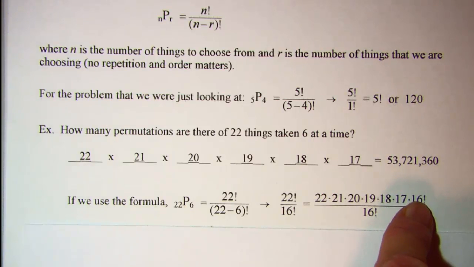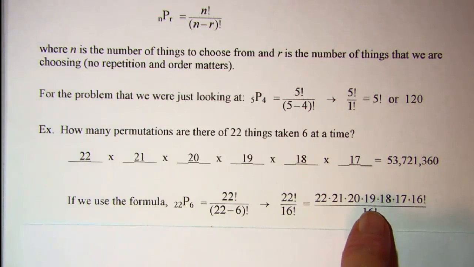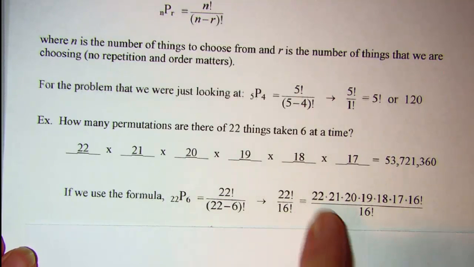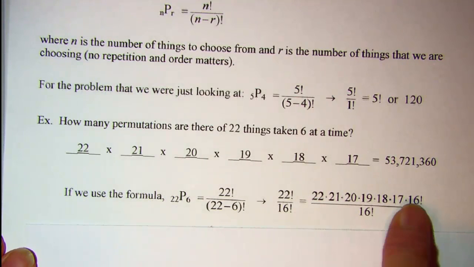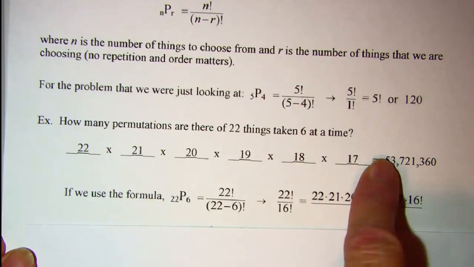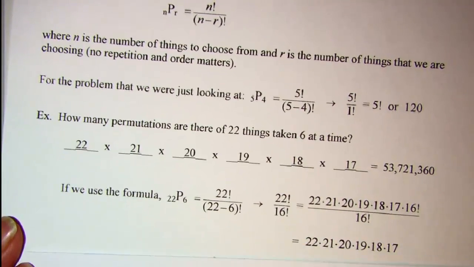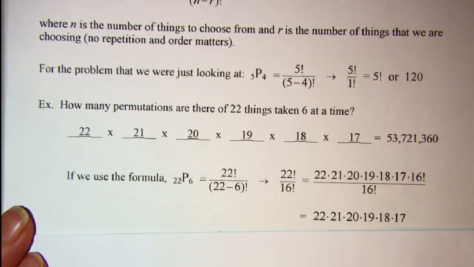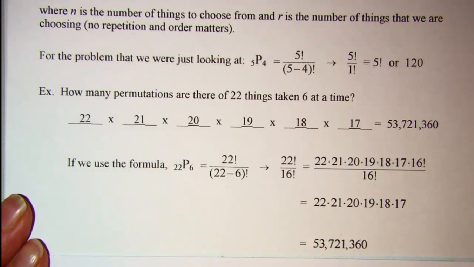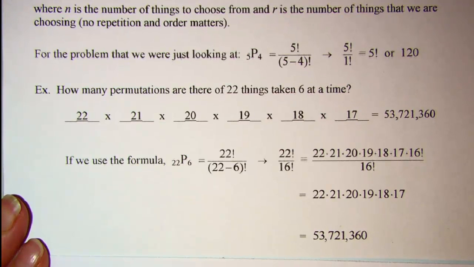And then I stop at that point because I can cancel the 16 factorials. And then I'm left with just the 6 numbers multiplied together that I had up here. And again, that's 22 times 21 times 20 times 19 times 18 times 17, which works out to be 53,721,360.